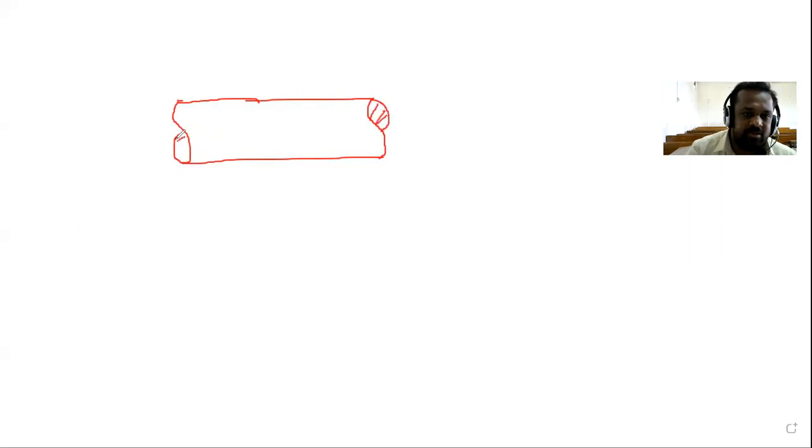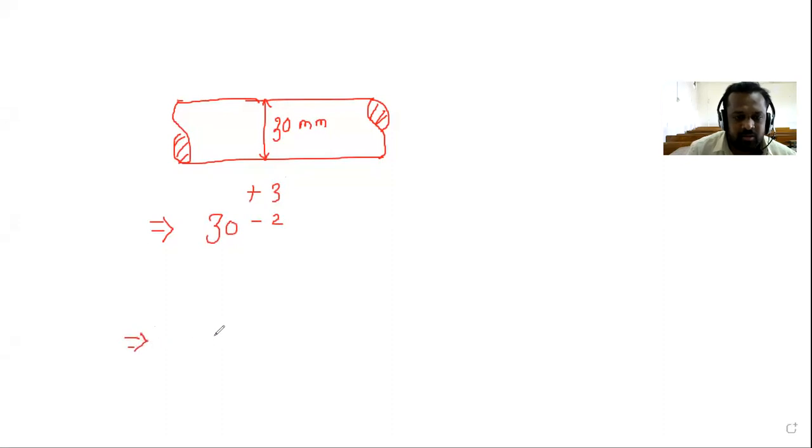Now see, this is the shaft. 30 plus, suppose I write 3, and the minus, it will be the 31.